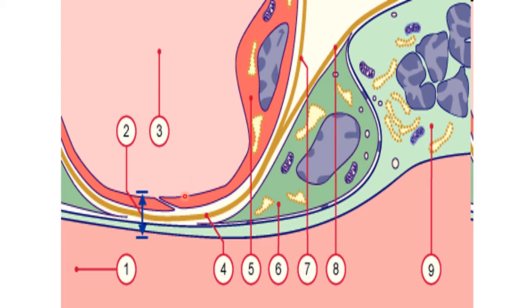So only two structures are between the fetal blood and the maternal blood present in the intervillous space.